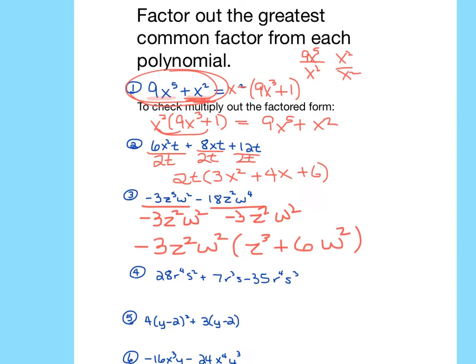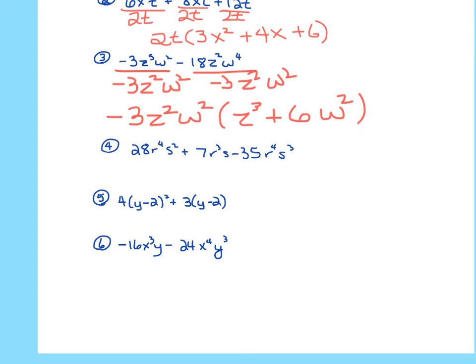Number 4. What's going to be my greatest common factor here? 7r to the 3rd power s. Okay, 7r to the 3rd power s. Again, I'm going to divide each one of the terms by that 7r to the 3rd s.